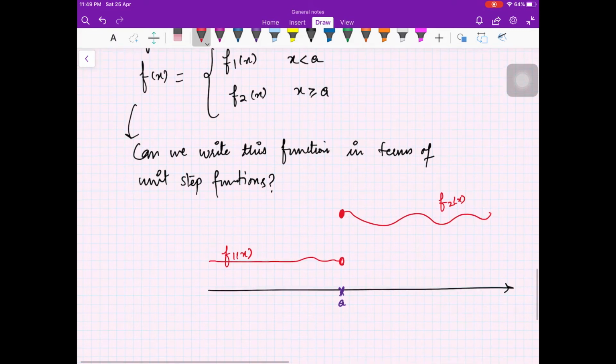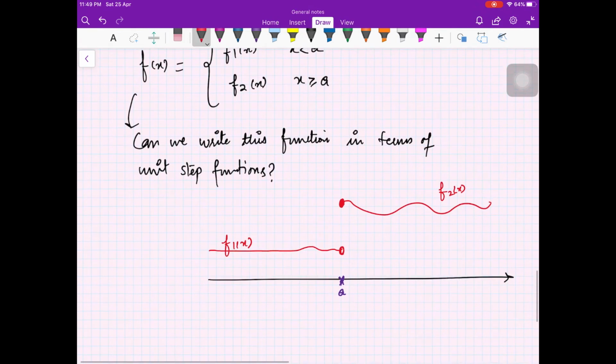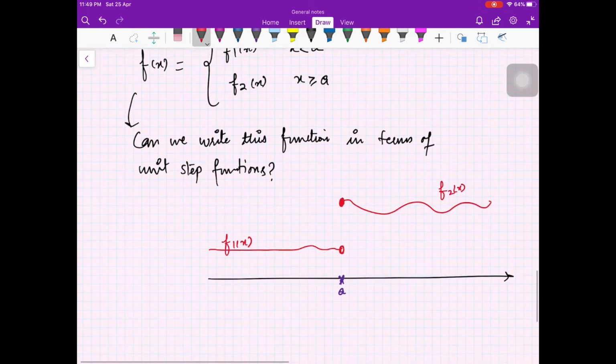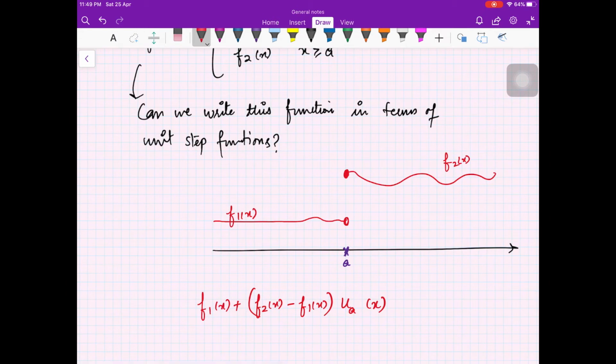Fine. Okay, now I want to write it in terms of unit step function. I can write this function as f1(x) plus [f2(x) minus f1(x)] into u_a(x), right? How, we'll see just now.